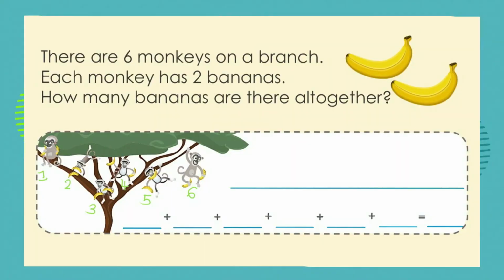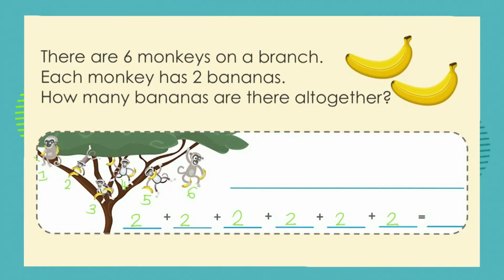So let's fill in our sum. So we have 2 plus 2 plus 2 plus another 2 plus 2 and our last monkey plus 2. So let's find out how many bananas we have all together.